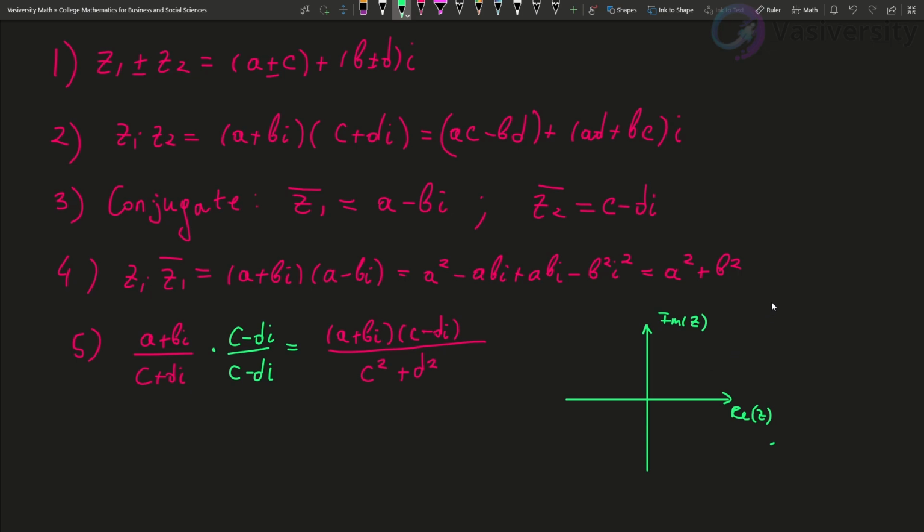So essentially, z1, which is a plus bi, would be expressed as (a, b). So let's say this is value a, this is value b, and that would be the point. And that would not just be the point, it would be this line. It would always be connected to the origin, right?